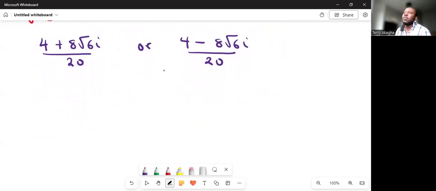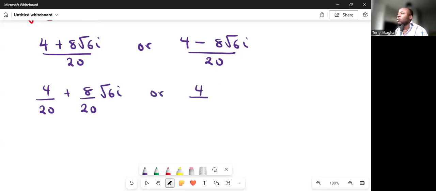You can separate this: 4 over 20 plus 8 over 20 square root of 6 i, or 4 over 20 minus 8 over 20 square root of 6 i.